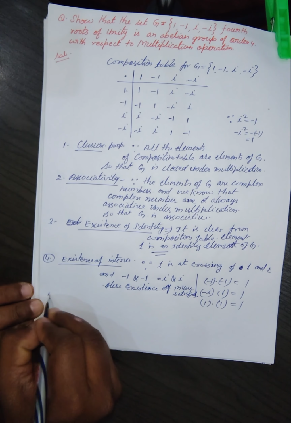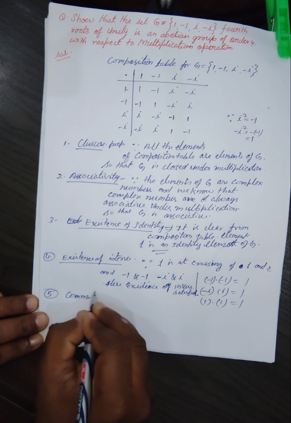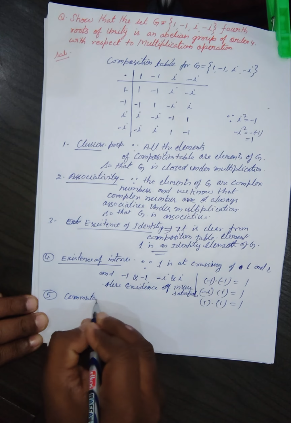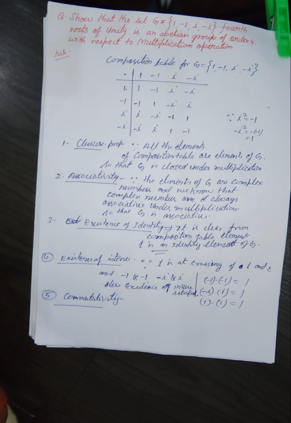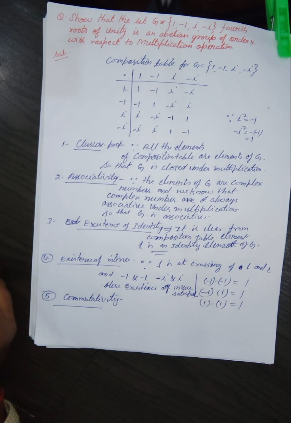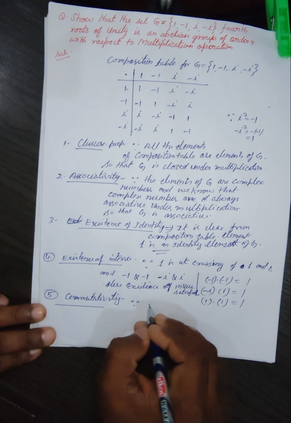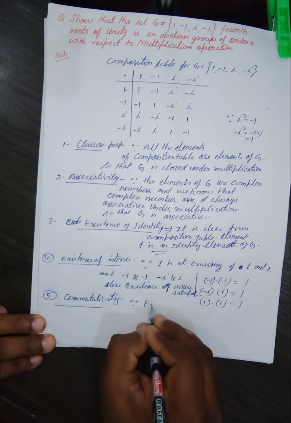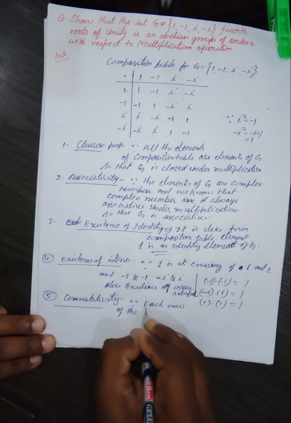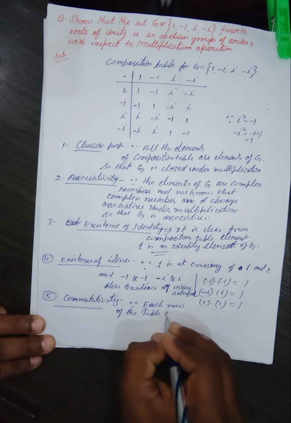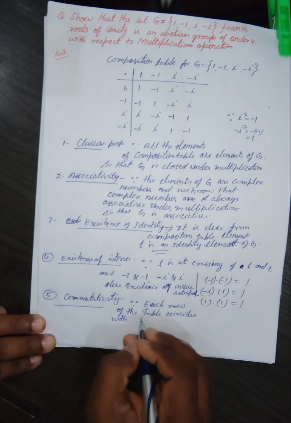Now the last one is the commutative property, for the group to be commutative. Commutativity: we see that each row of the table coincides with the corresponding column.